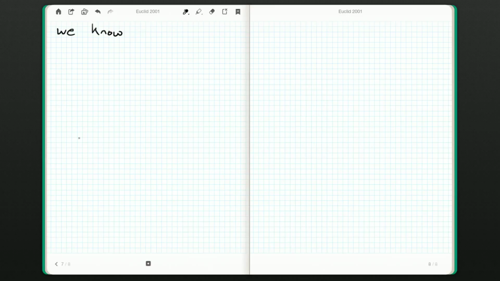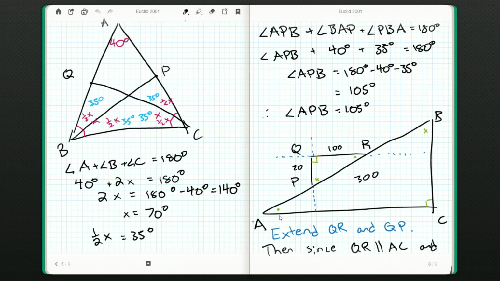Actually, we don't need that information. As soon as I know that this angle at A is the same as this angle at R, then because we have the other angles are both 90, we'll get the fact that QPR is the same as CBA very naturally.